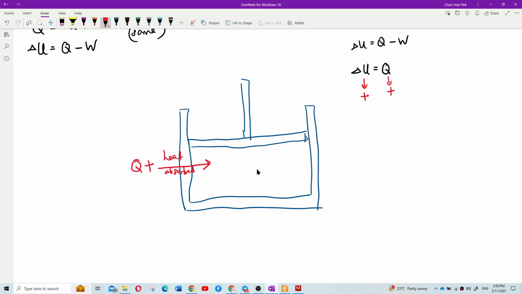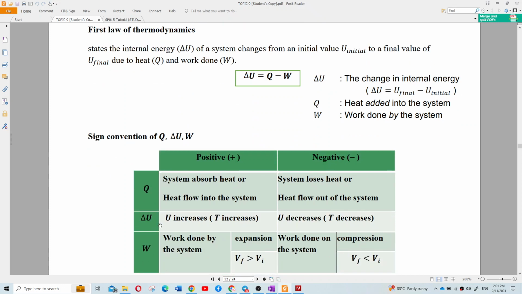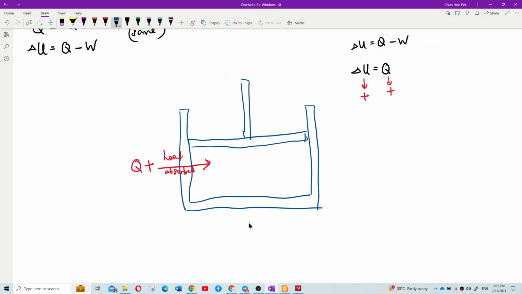Delta U positive means what? Internal energy increases. Temperature will increase, isn't it? Internal energy increases, temperature increases. Correct or not? That means the gas inside, where's the gas inside?